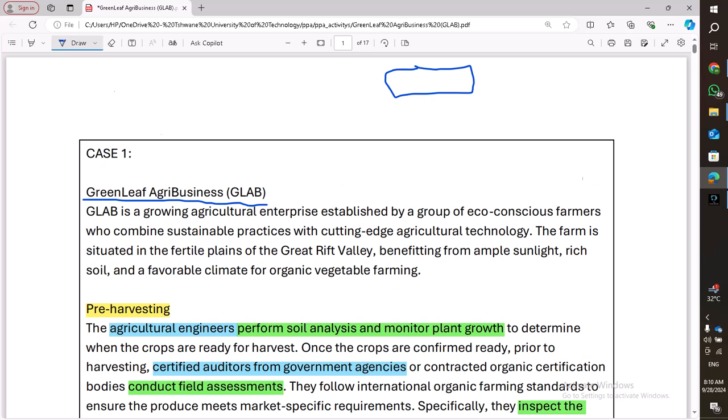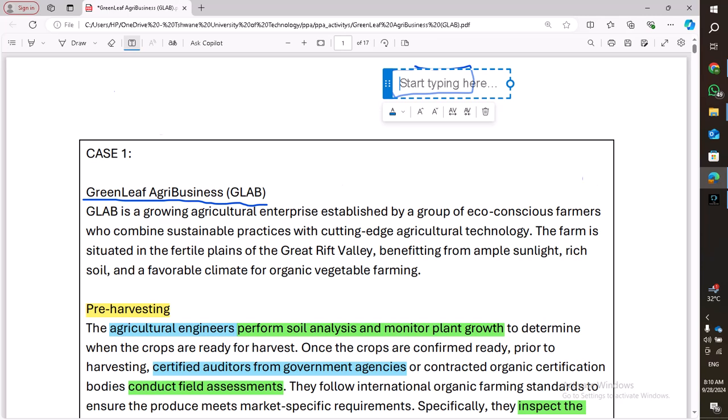This is the big function that needs to be decomposed, broken down into smaller pieces. This is the pre-harvesting. We put it here at the top.